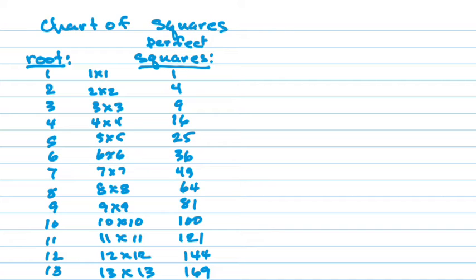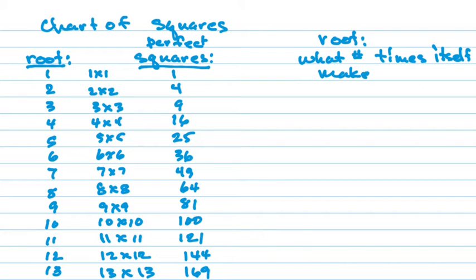Well, if you know the square, all you have to do to find the root of it is simply think what number times itself. So anytime you're asked for the root, think what number times itself makes that square.